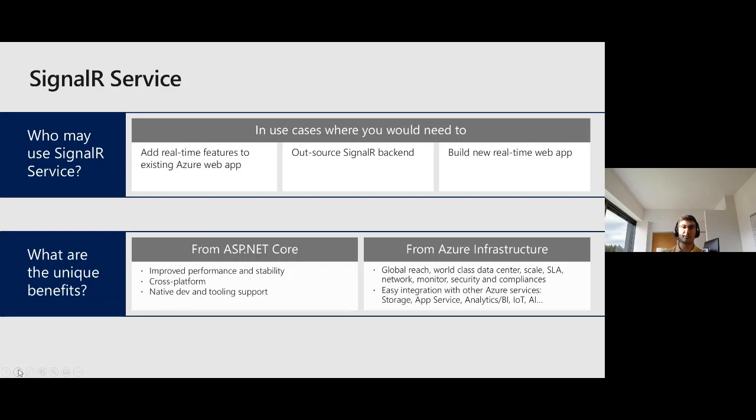You have the SignalR backend, as I mentioned, which you can run manually. If you want to outsource that, you can use the SignalR service, or if you're building a new real-time web app altogether.